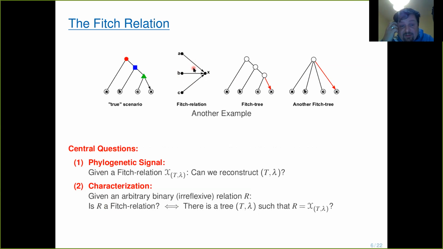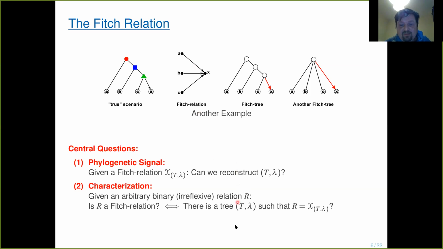Now, what are the central questions? The first question is, I give you an arbitrary relation that I have obtained from a Fitch tree. Can we reconstruct the tree? The second question is, can we characterize these relations? So now I give you an arbitrary binary relation and ask you, is this a Fitch relation?